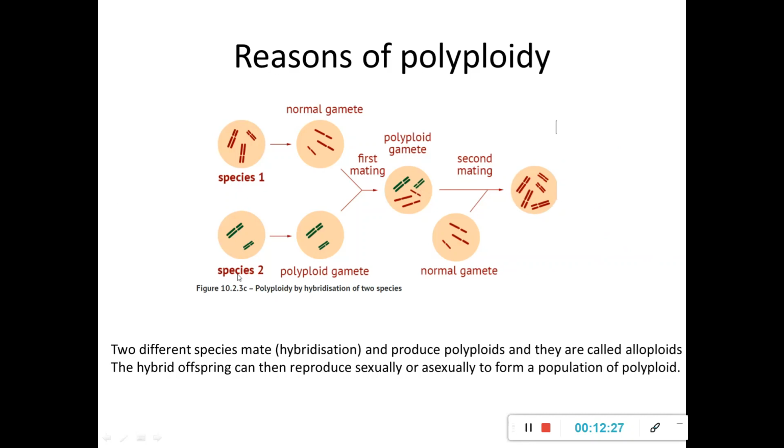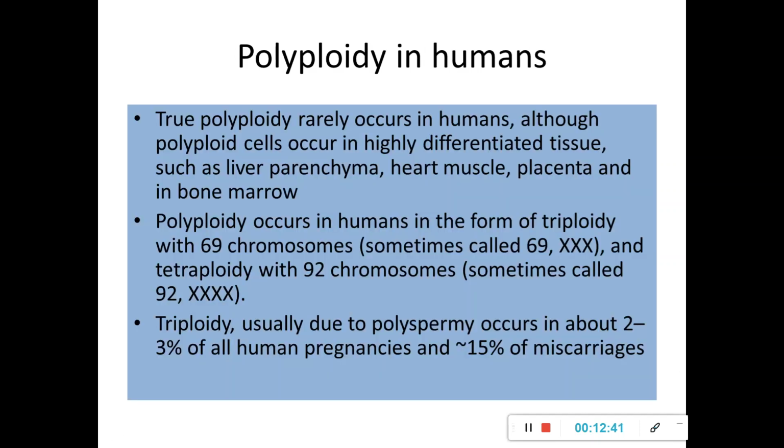That is, species 1 and species 2 will be hybridized by different methods, and it will result in the formation of polyploid organisms.